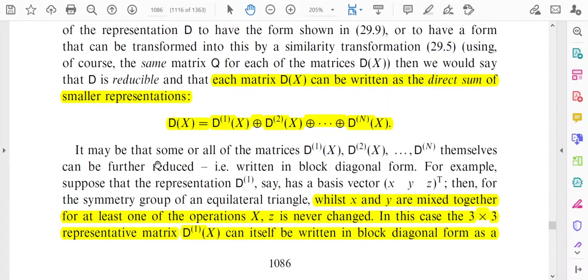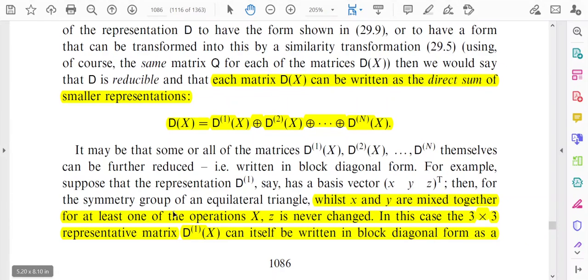It may be that some or all of the matrices d1(x), d2(x) themselves can be further reduced. That is, they can be written in a block diagonal form. So let us discuss this issue. For example, suppose we are considering the first representation, D1, and say we have a basis vector (x, y, z) transpose, that is, coordinates.